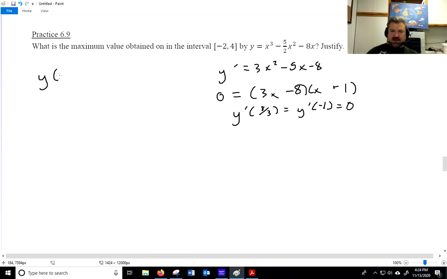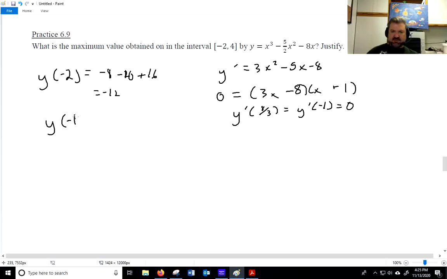So let's evaluate at each of the endpoints. -2 would be -8 times 4 divided by 2 is 2, times 5 is 10, and then plus 16. So that's a -12. Check my arithmetic for me, but I'm going to just hope that that's right.